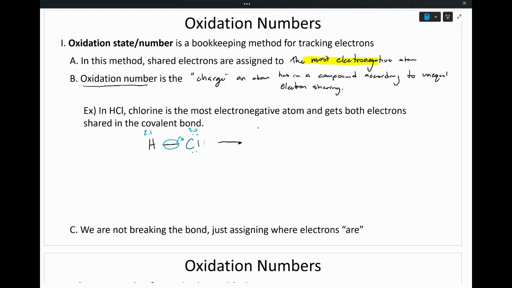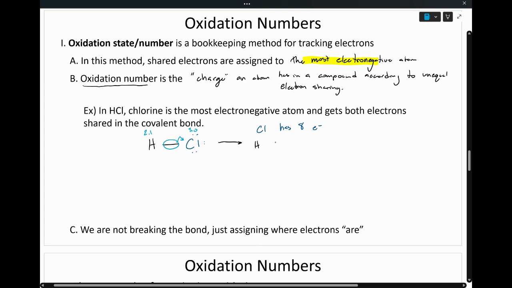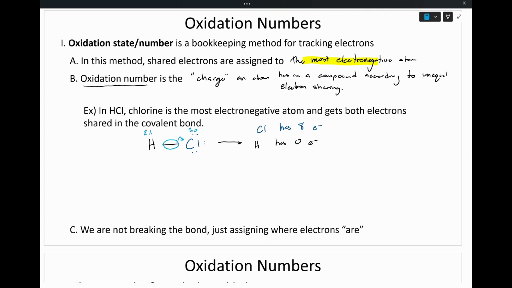So we're going to say that chlorine has 8 electrons, and that leaves hydrogen having 0, because it doesn't have any lone pairs, and it doesn't get to keep those electrons that are in the bond. And so for the chlorine, just for the benefit of clarity, it has 6 electrons from lone pairs, and then 2 from the bond.